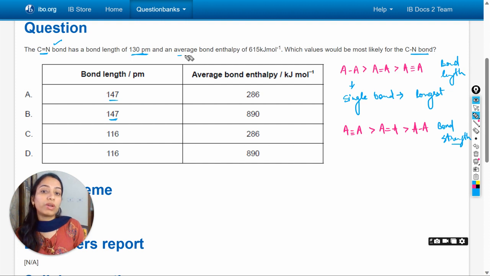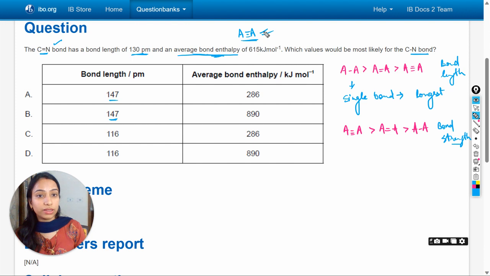Because what is average bond enthalpy? Average bond enthalpy is the energy required to break 1 mole of any covalent bond in the gaseous form. So this can be the single bond or the double bond or the triple bond. So the energy required for breaking this bond, 1 mole of bond in the gaseous form, is the bond enthalpy.